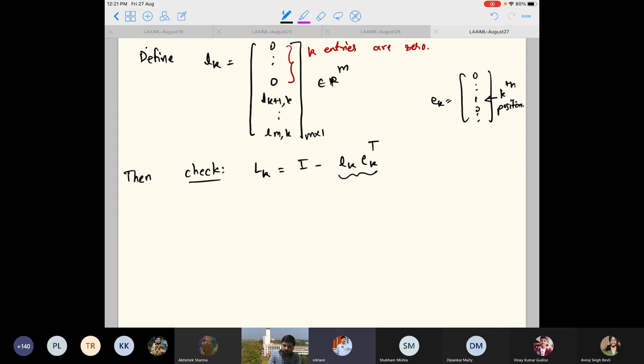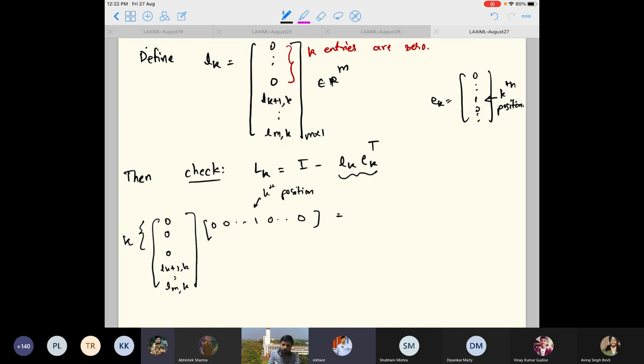So this matrix is LK: 0, 0 up to 0 in the kth entry, and then you have LK plus 1 K up to LMK, right? And EK transpose is 0, 0 up to 1 and 0, where the 1 is at the kth position. What is going to happen? All columns will be 0 except the kth column, which will be exactly the same as small lk.